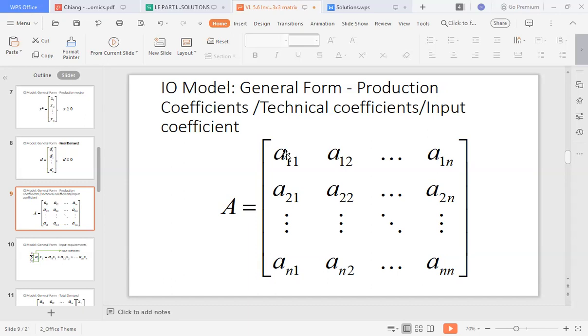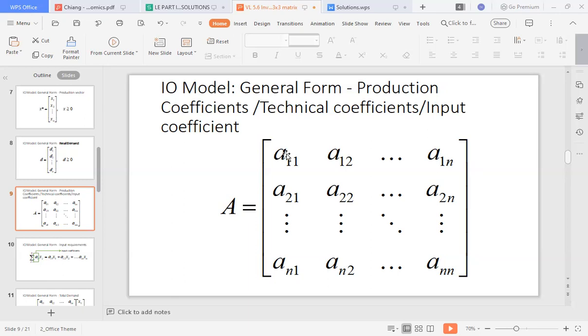If we have a positive coefficient, it means that the industry or sector requires some of its own input to be used in the production process. For example, the manufacturing sector can use its own input to produce its own output. Aside from being interdependent with other sectors, the manufacturing sector is also allowed to use its own input to produce its own output.